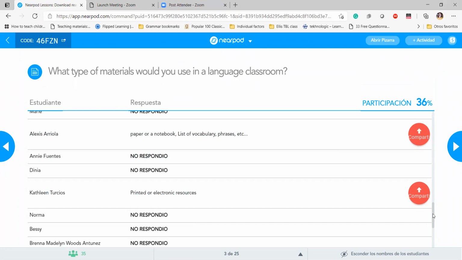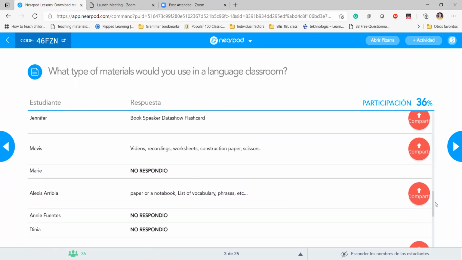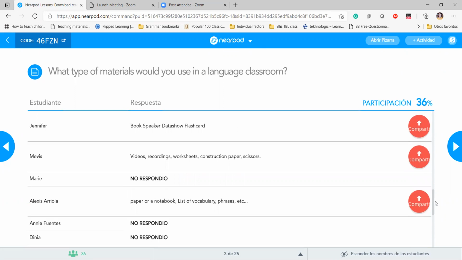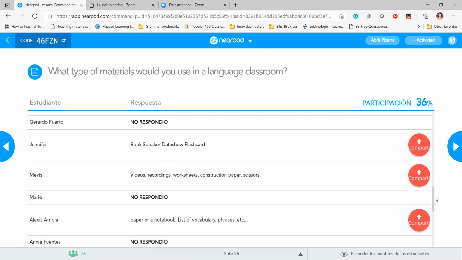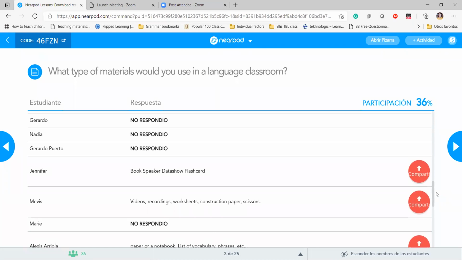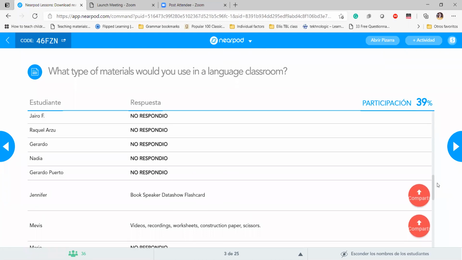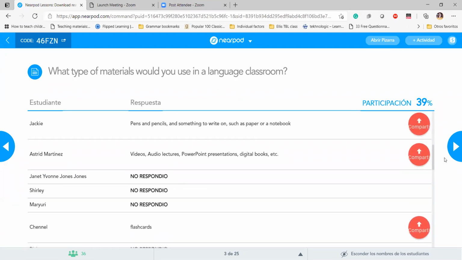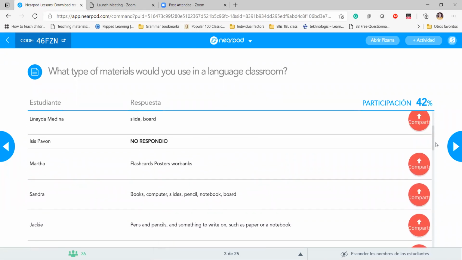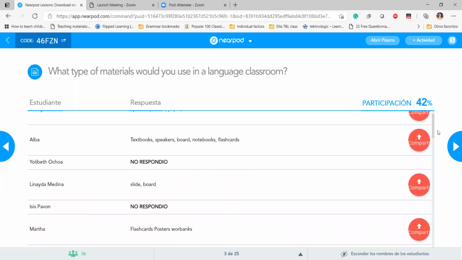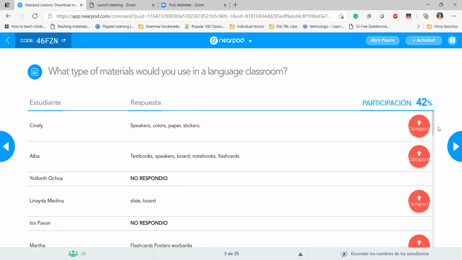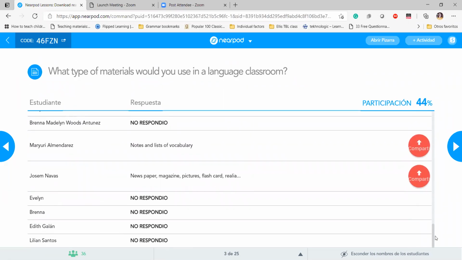Caitlin says that anything that is printed or electronic, paper or a notebook, list, vocabulary, maybe says videos, recordings, worksheets, construction paper, scissors, book, speaker, data show, flashcards. I see flashcards, video, audio lectures, PowerPoint presentations, digital books. Very good. Textbook, speakers, board, notebook, flashcards. Excellent job. I see very good answers. I'm gonna start sharing them because of time.